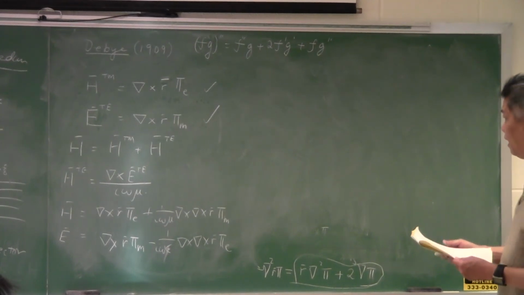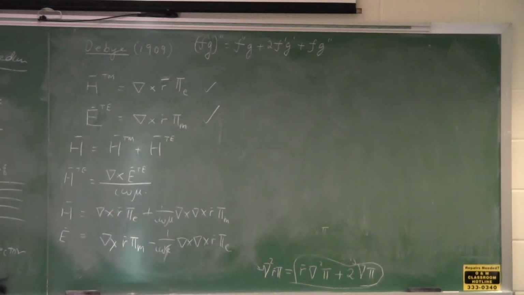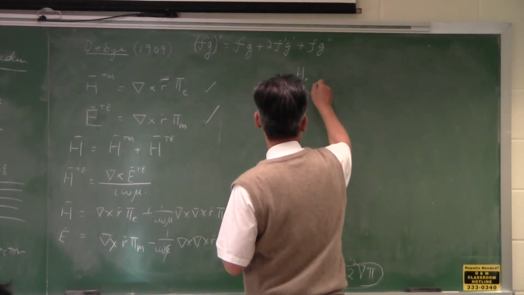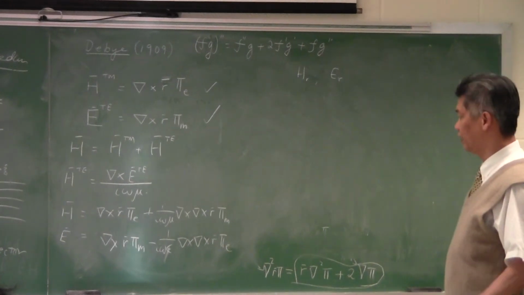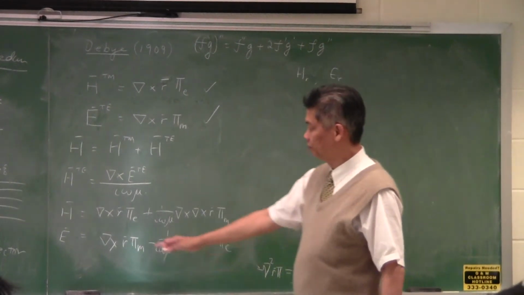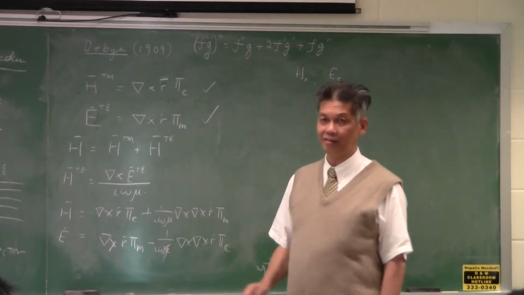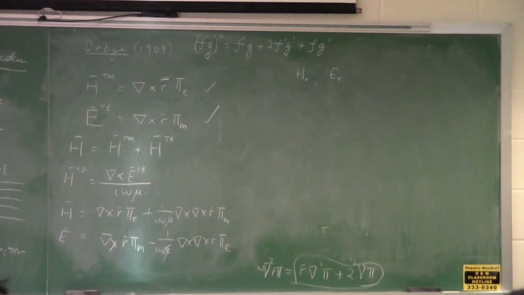Then I want to extract the R component of this field, and that would be the difficult part, actually. If I want to extract the R component, like HR and ER, from this equation, it's quite clear that the first term provides no contribution to R. I want to extract HR and ER in a very similar spirit to how I used EZ and HZ in the layered medium to characterize TE and TM waves.